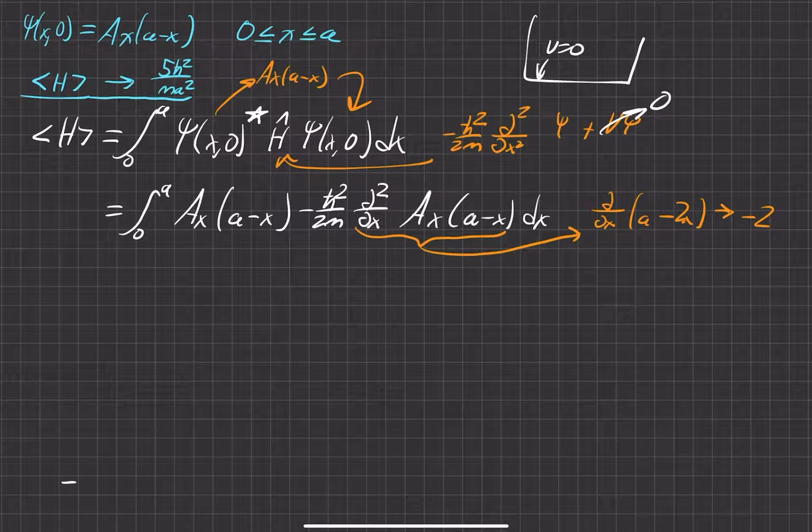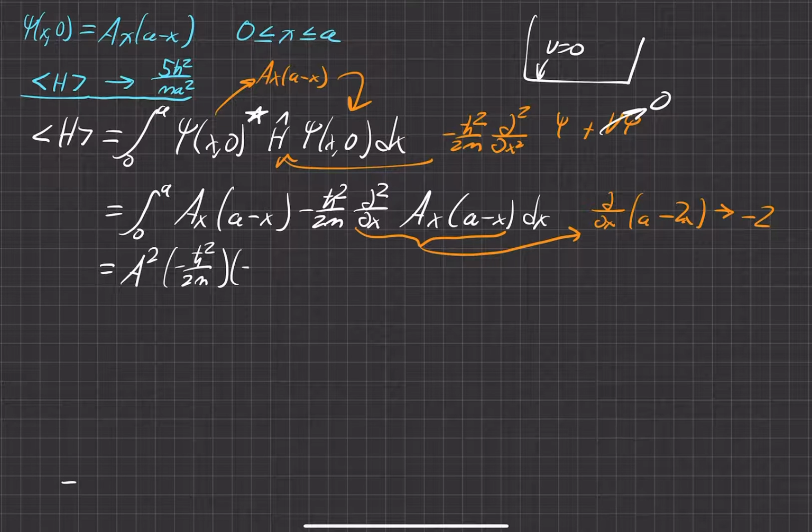We can also throw these constants out to the front, so let's rearrange everything in a more organized fashion. So a squared, and again, we know what that is, we'll throw it in at the very end, over 2m. I'll throw the -2 out in front, integrating from 0 to a, and then we're just left with this.